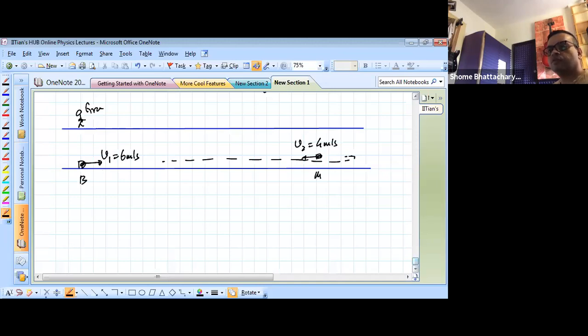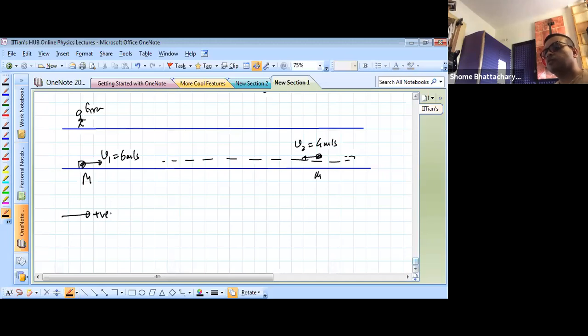Okay. So the reason for that is, while going downstream, suppose we are using a sign convention wherein this side is positive.